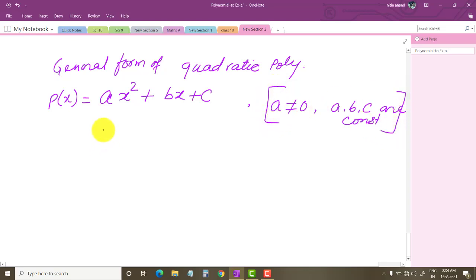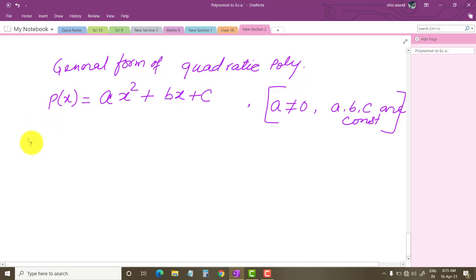Now see, the coefficient of x is b, the coefficient of x squared is a, and this is known as the constant term.